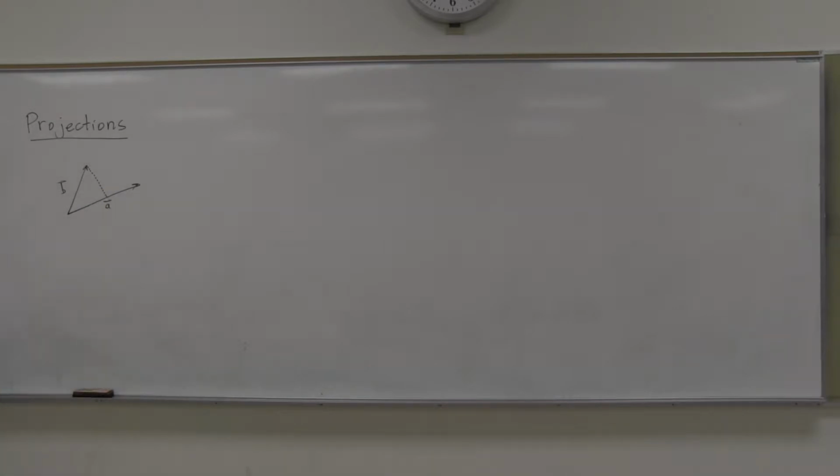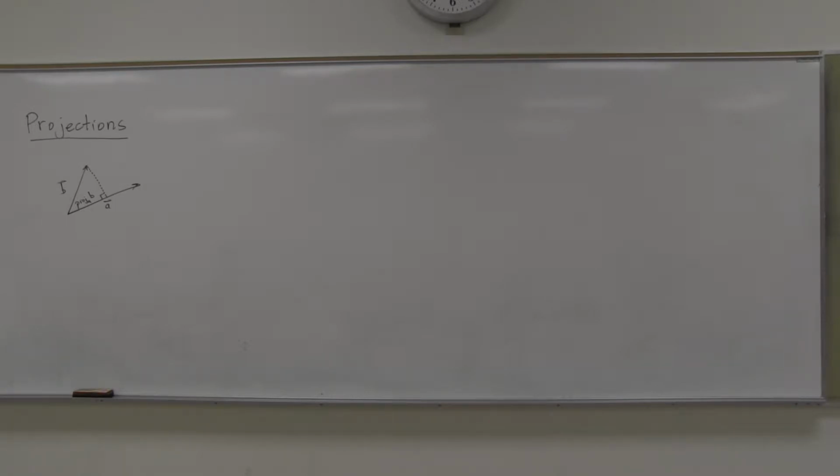And so what that amounts to, to show it in a diagram here, I'm going to take that tip end of B and bring it down in a perpendicular way onto A. And so this is the projection of B onto A. The way we write that, projection of B onto A, I'll forego the vectors there.